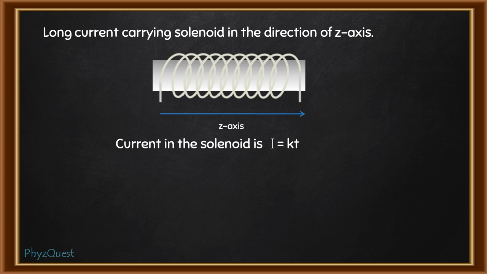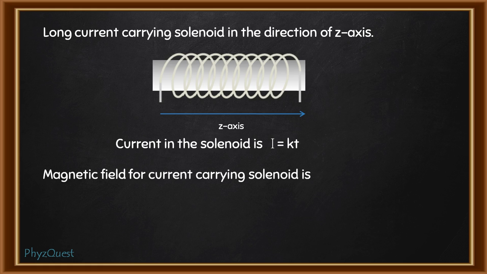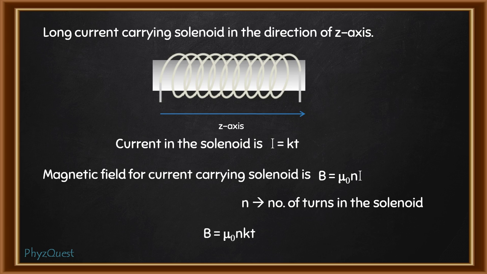So the formula to find the magnetic field for a current carrying solenoid is B is equal to mu0 n I. Here n is multiplied because there are n turns per unit length in this solenoid, which is already given in the question. Now the I value is already given, which is equal to kt. So ultimately the value of B is equal to mu0 n k t.